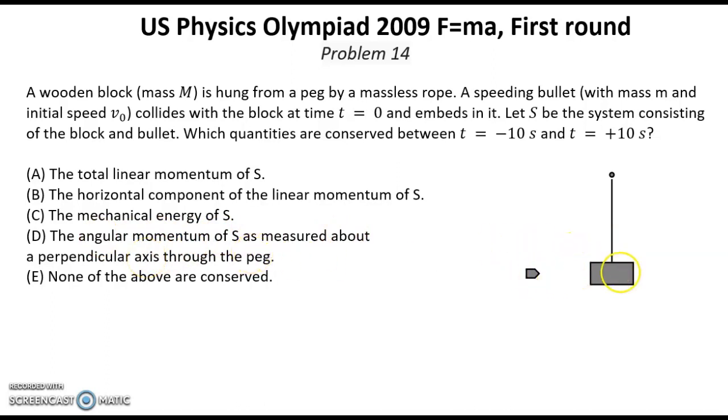It's conserved before collision, but after collision, when this system starts to rotate counterclockwise, we have gravity force acting clockwise, so it's changing angular momentum, and D is not the correct answer. And answer E, none of the above are conserved, which is true. So the correct answer is E.